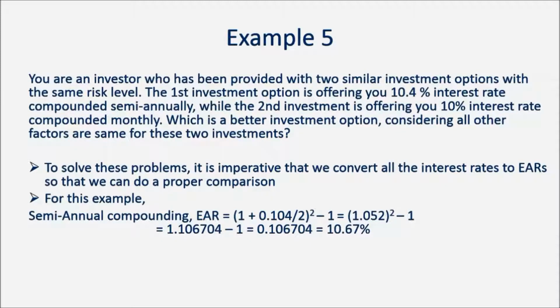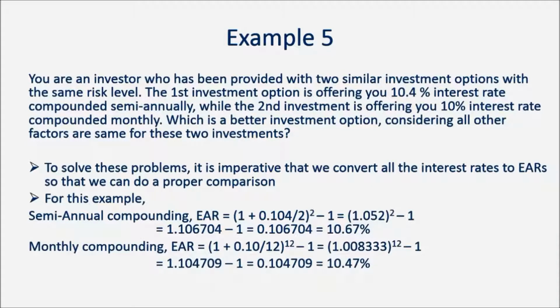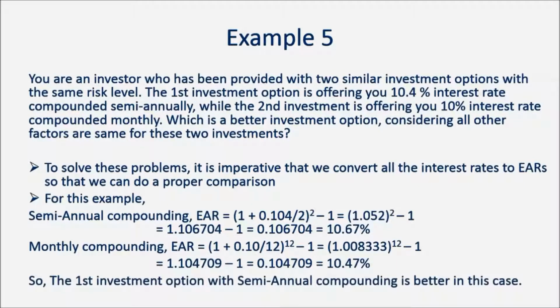I'll strongly recommend that you do this calculation on your own. For monthly compounding, effective annual rate will be 1 plus 0.10 divided by 12 whole to the power 12 minus 1, which comes out to be 10.47%. As we can see, the first investment option with semi-annual compounding is better in this case. So this is an example where you can use EAR to compare which one is a better investment option.